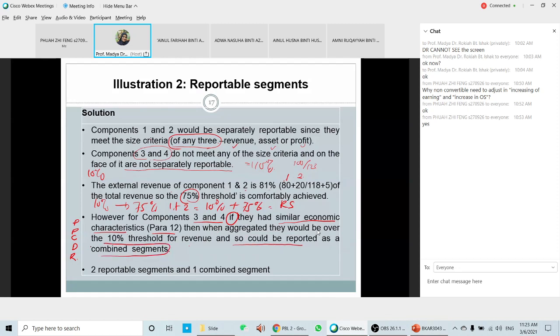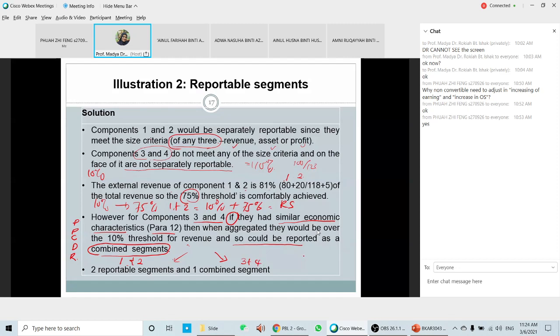So in this case, you're going to have 2 reportable segments and 1 combined segment. The 2 reportable segments are segment 1 and segment 2, and the combined segment is 3 and 4.